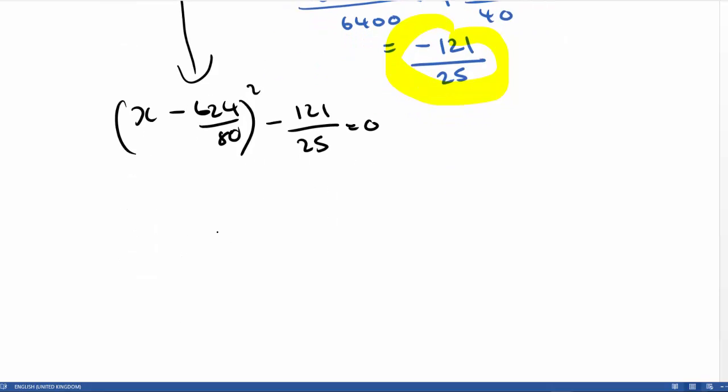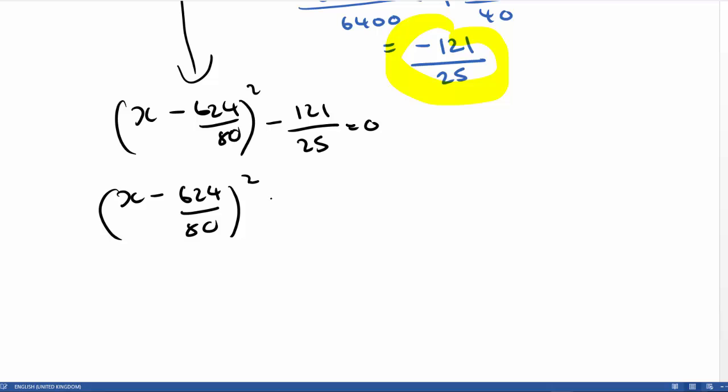Okay. Now, what we're trying to establish is what x is equal to, because that will tell us how many white balls or white counters are inside of that bag. So what I'm trying to do is get x on its own. So let's move the minus 121 over 25 to the other side of the equal sign.